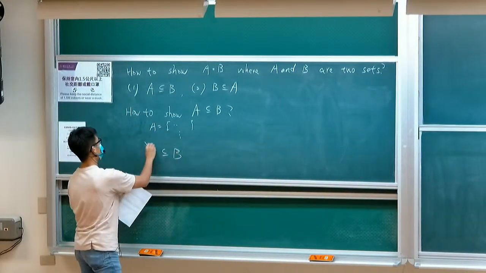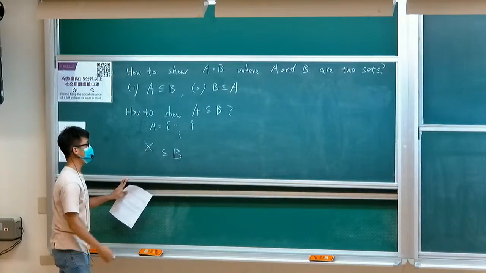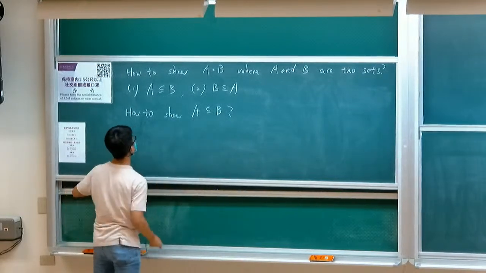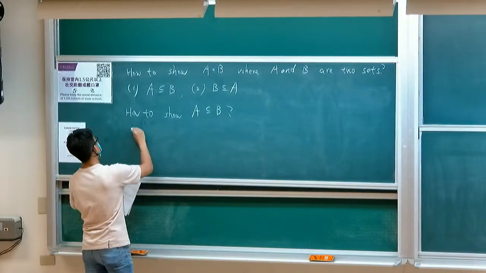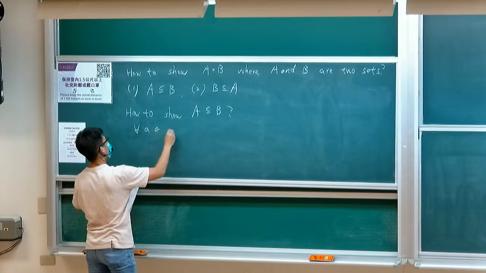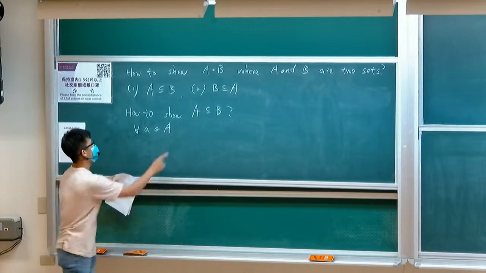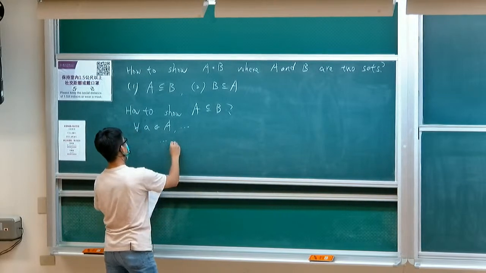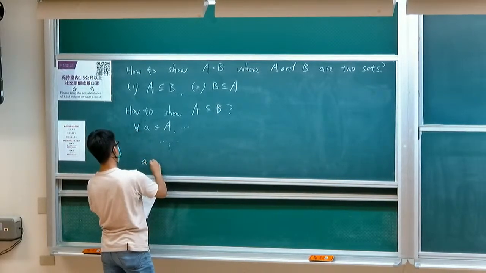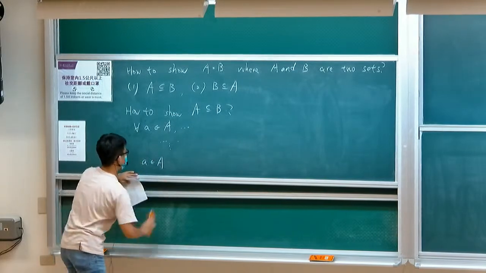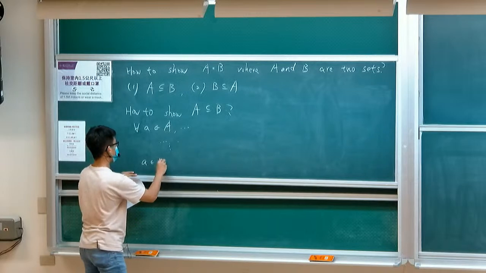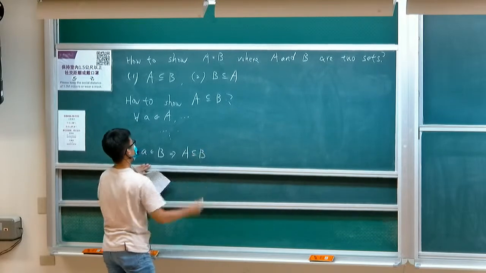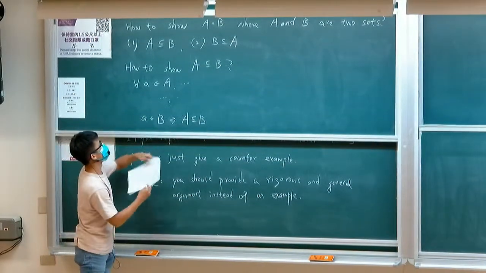Please don't use this way to show A is inside B. What you need to do is show that for all little a inside capital A, of course A is not empty, start your argument, and conclude that little a is inside capital B. Then you can conclude that A is inside B. So this is how you show that A is inside B.